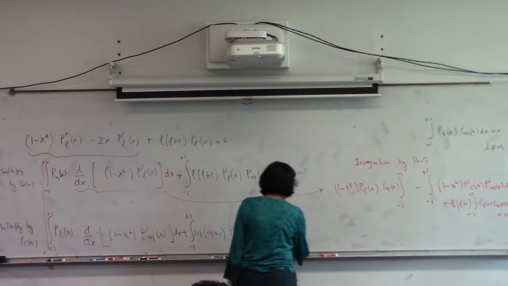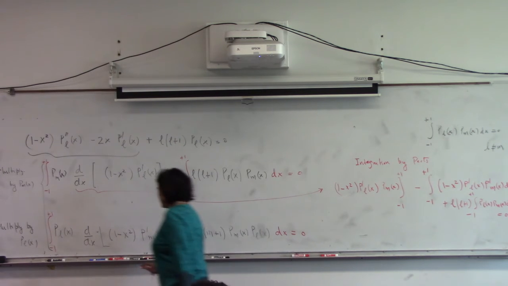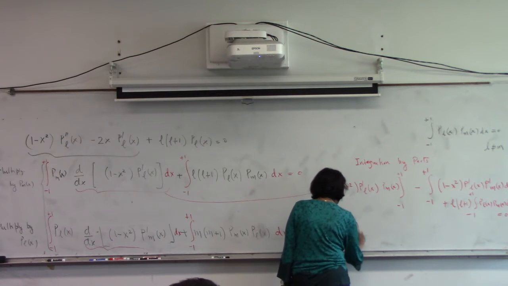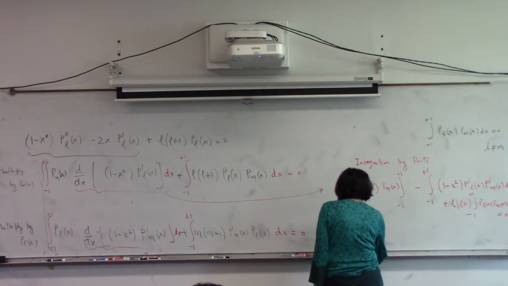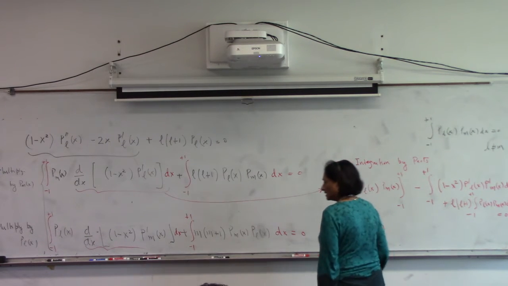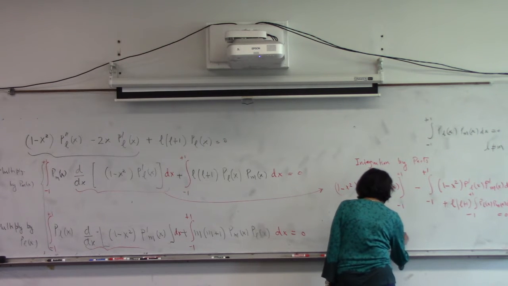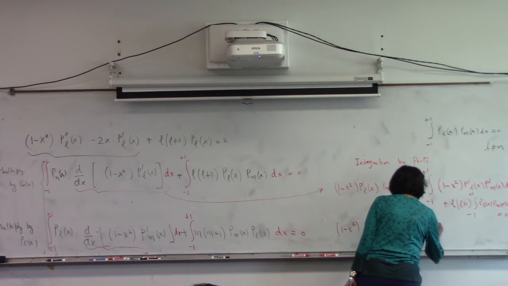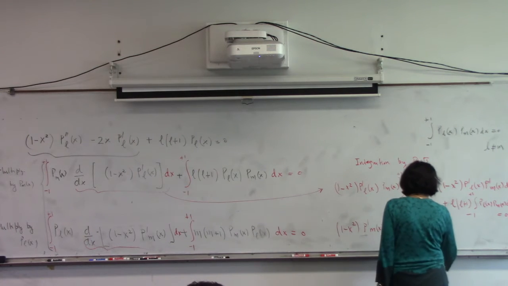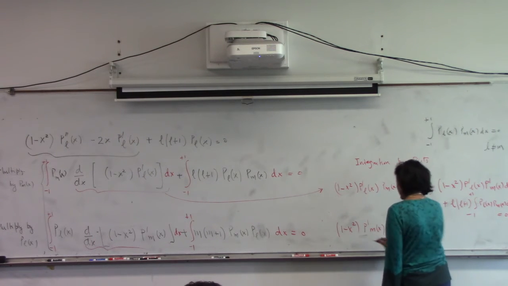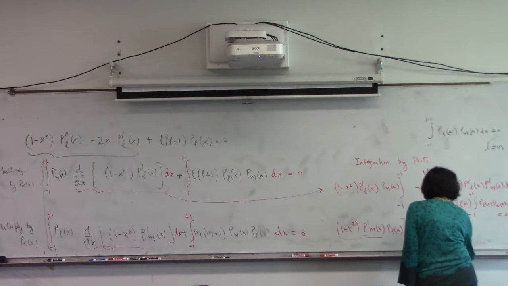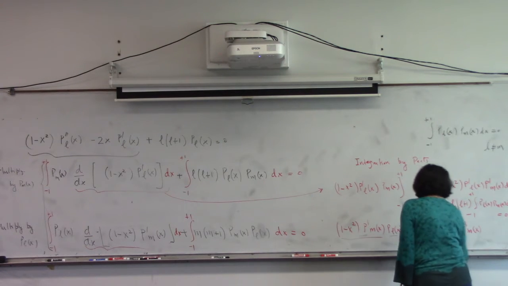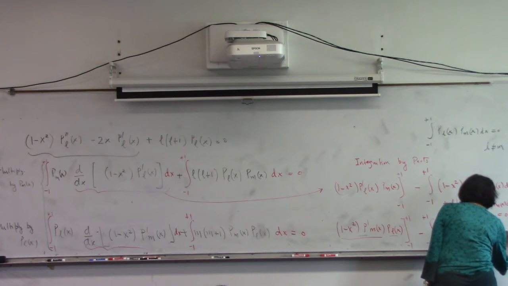And similarly, this one will become what? I do this one, integrate that first, because that's under total differential, so it's easy to differentiate. (1 minus x squared) P_m prime times P_l, integrate, evaluate this between minus 1 and plus 1, minus the integral from minus 1 to plus 1 of (1 minus x squared) P_m prime, now take the differential of this, P_l prime dx.